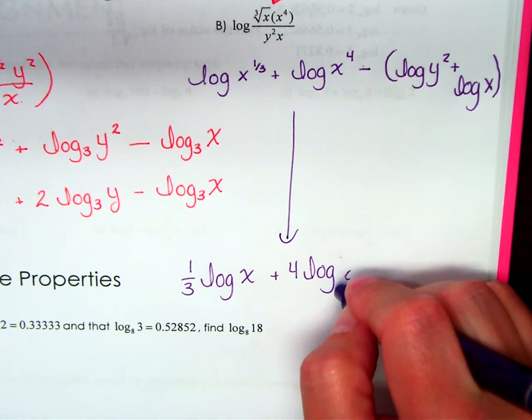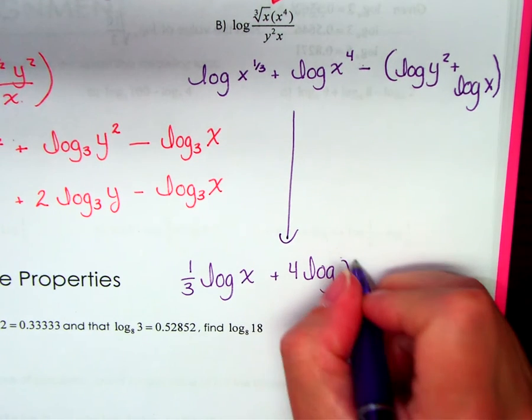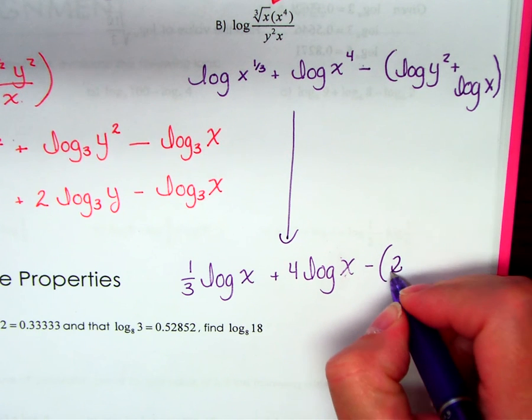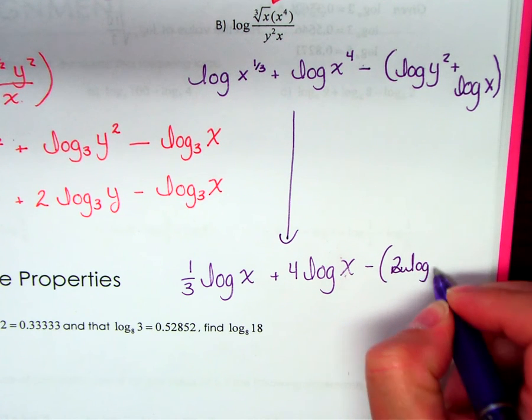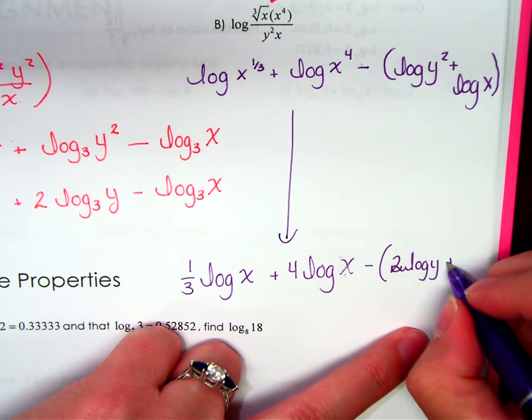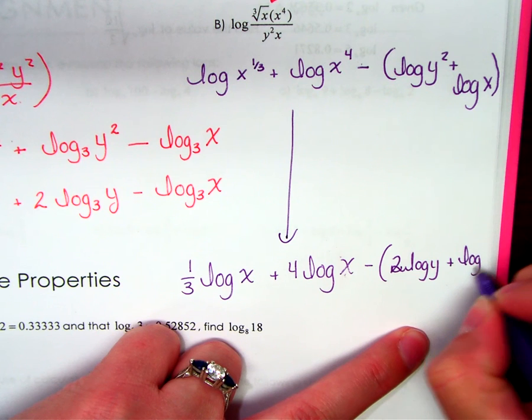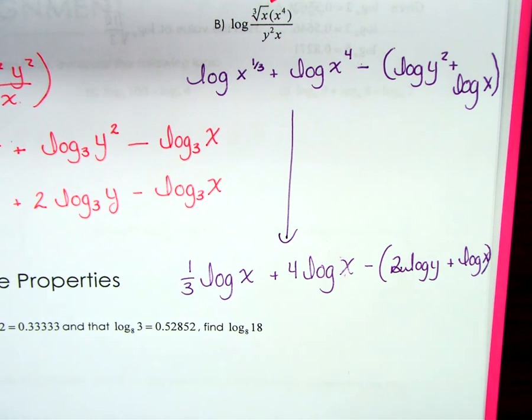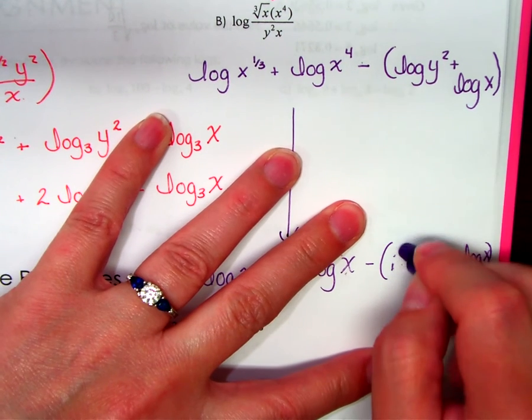Oh, it's an argument, not a base. Minus bracket 2 log y plus log x. And I'm running out of room. Sorry, it's right on the edge of my page. That's it.